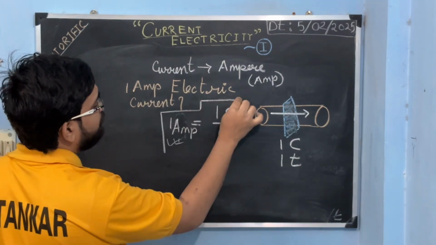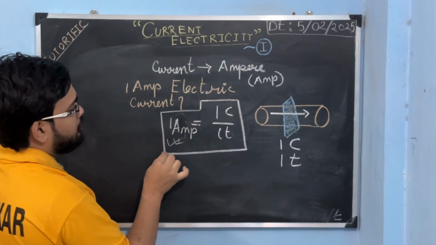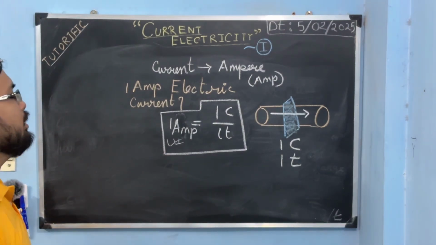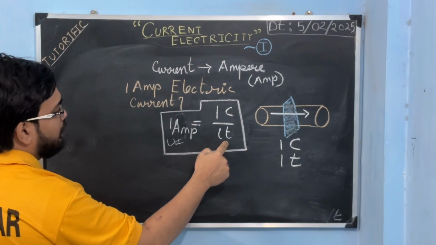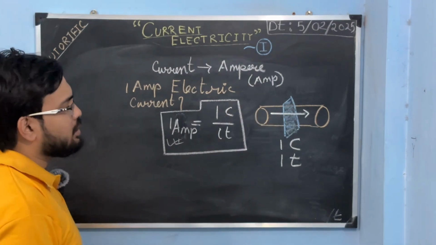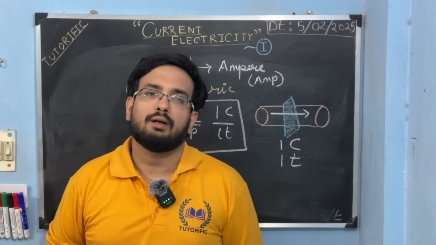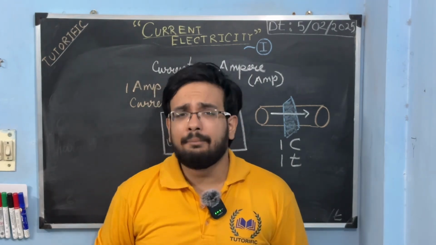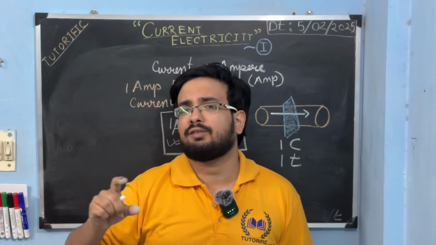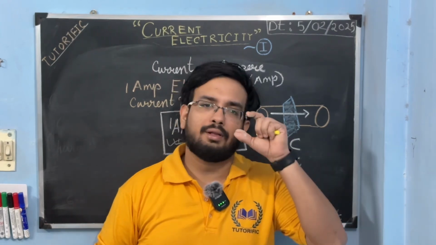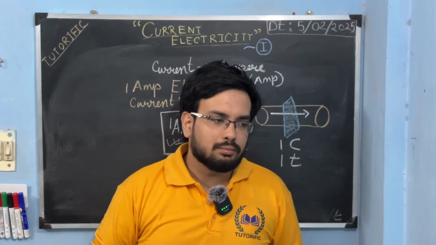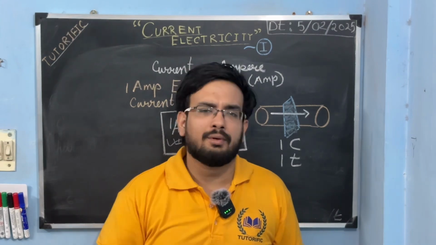So how do we summarize? 1 ampere of current is basically 1 coulomb of charge flowing for 1 unit of time through a particular cross sectional area of the conductor. Now, 1 ampere of current generally speaks about a large amount of current. It's a good amount of current, but there are many devices which require less amounts of current.